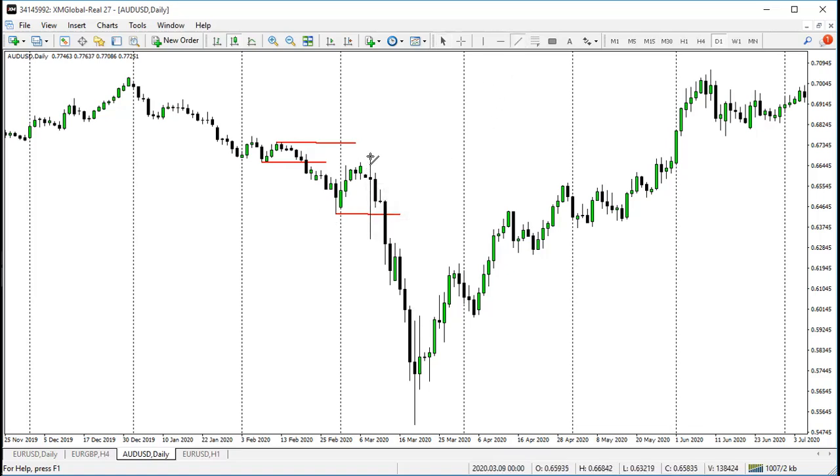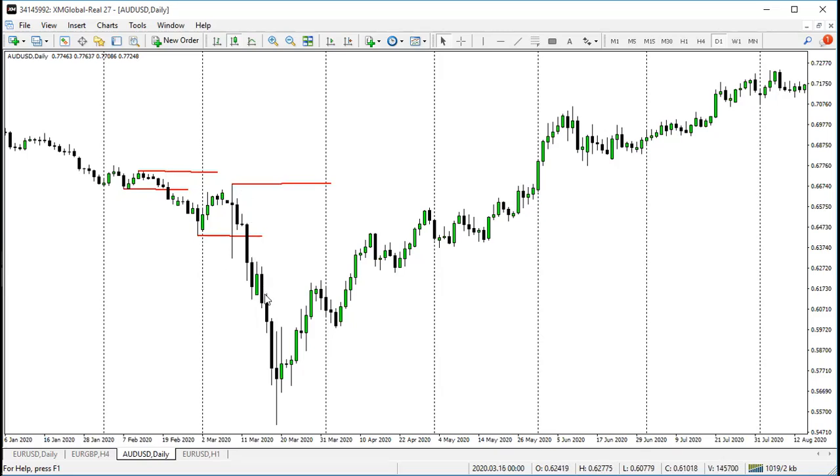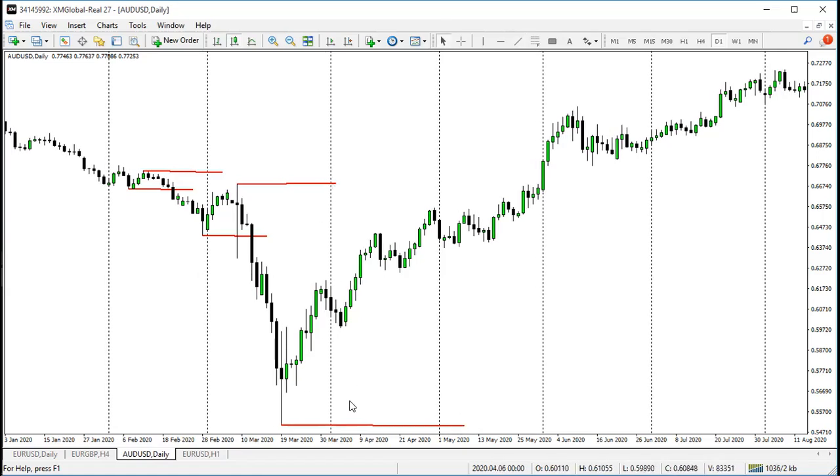Price goes up, made the lower high of this range. Price came down, and made a new lower low here. So our new range is this lower high and this lower low. Before all of this is our lower high and our lower low. That's our range.